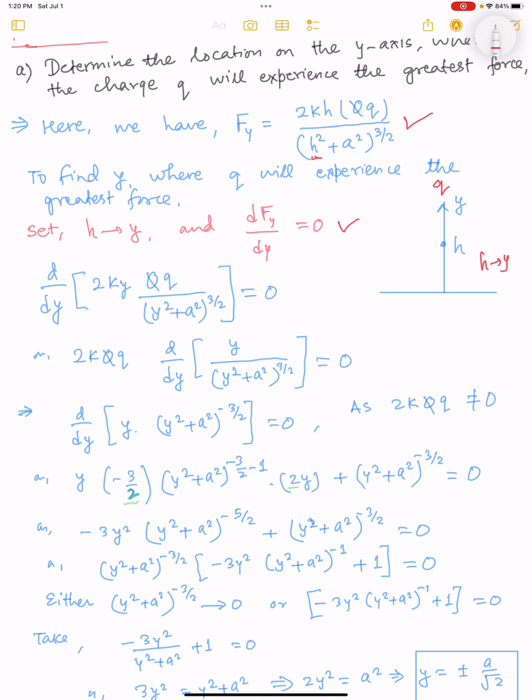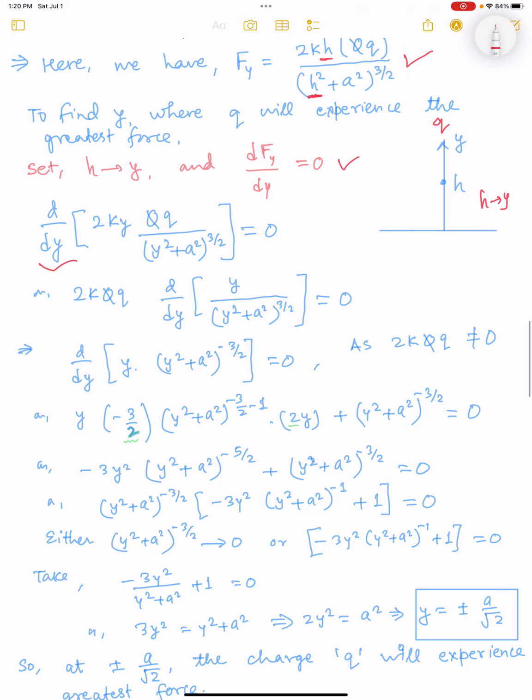For that, we have the expression of Fy, which is here. You just have to change that to y. So everything is the same, just the derivative of this expression with respect to y. The change is along the y-axis, so this is constant, this one is constant, there is nothing to do with the charge somewhere here.